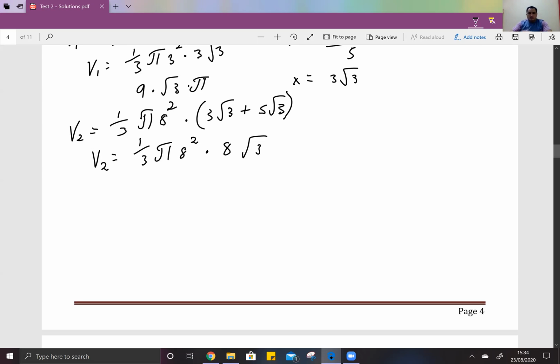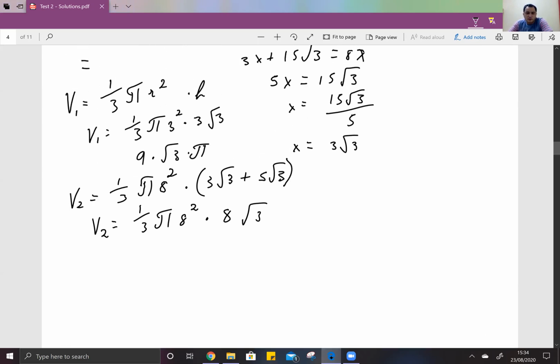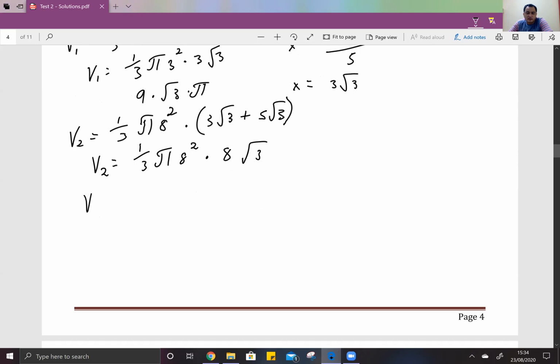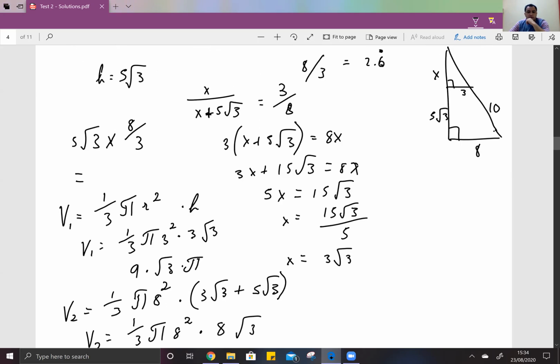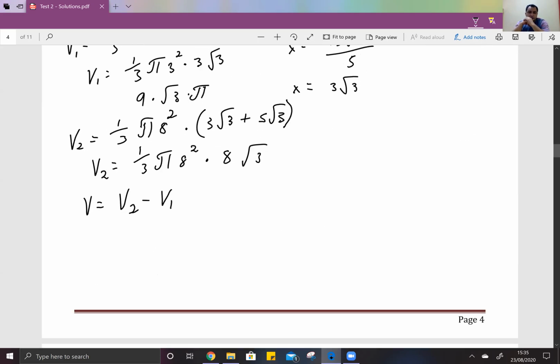Okay. Now let's find V. V equals the difference of these two volumes, right? Let's say V equals V2 minus V1. Yeah. Now you may use a calculator to write the answer. Let's see.